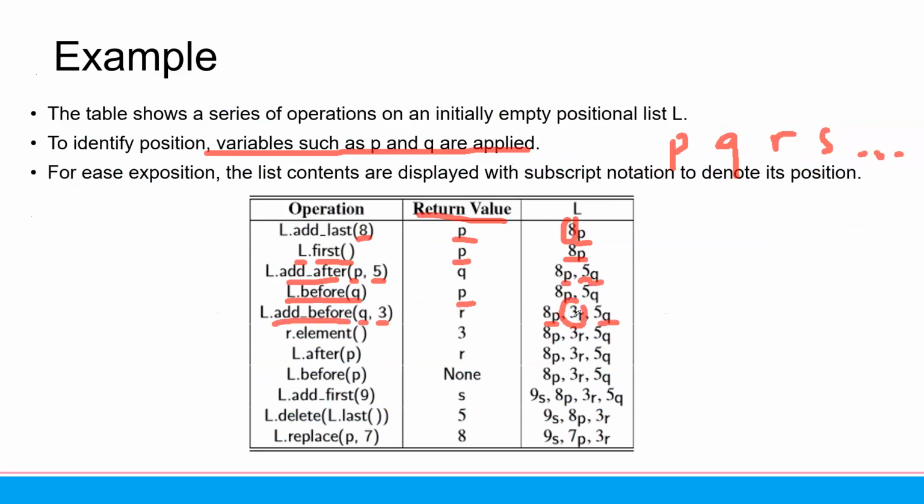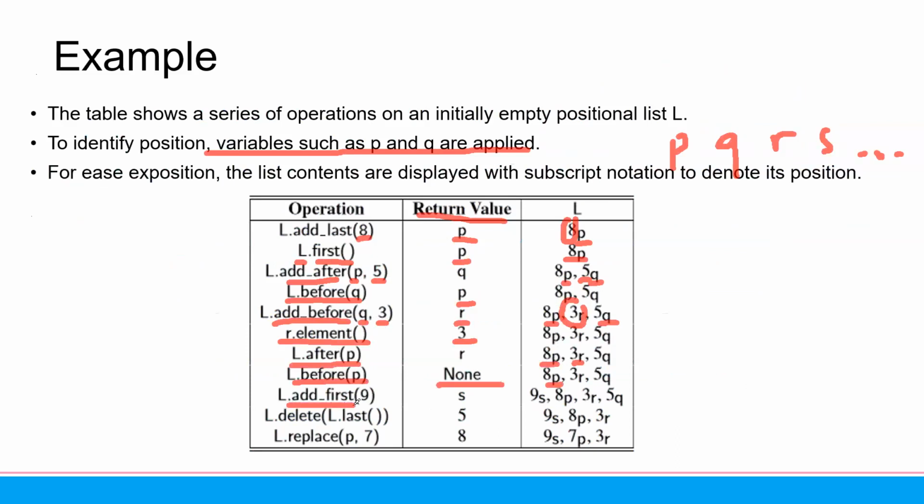So the position now is R. I want to know what is the element of R. Then it is 3. What is after P? We know that after P is R. What is before P? Before P is nothing, then it returns none.